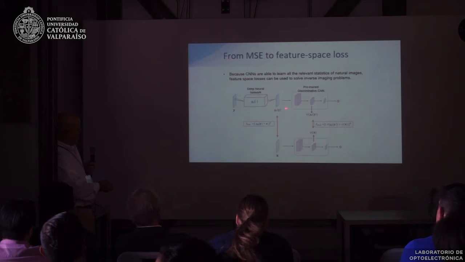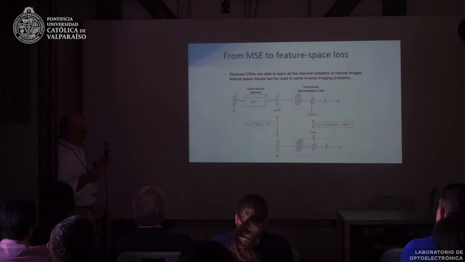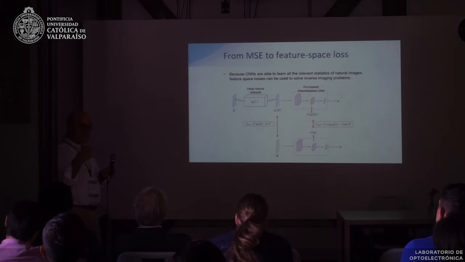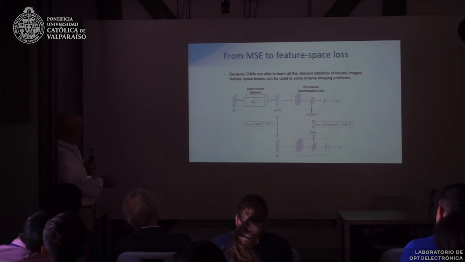So, for example, we try to compare the output of your system to the original image, not in the pixel domain, but in some feature domain, which eventually also expresses properties of the visual system. So you take the low-res image and you map it. This is the generator.